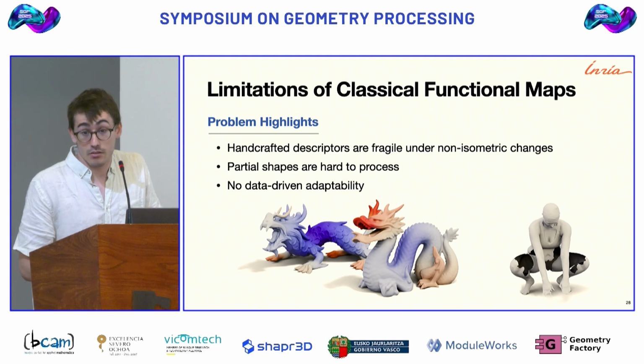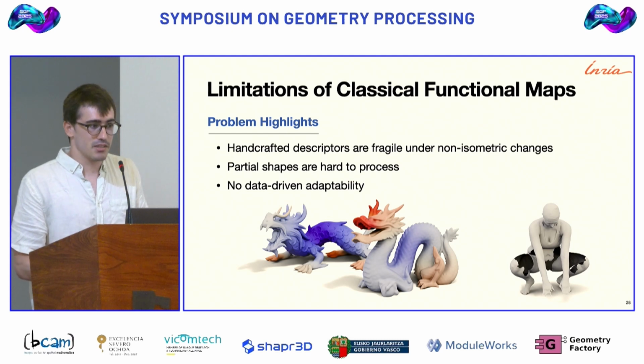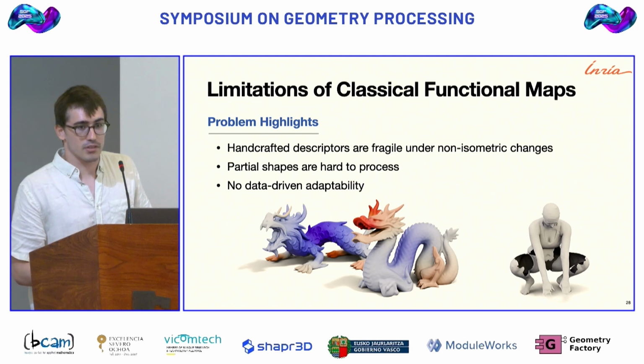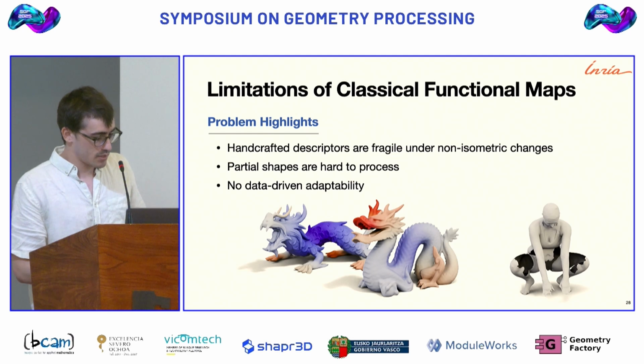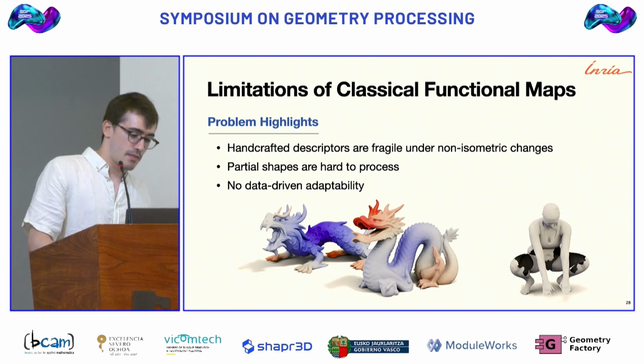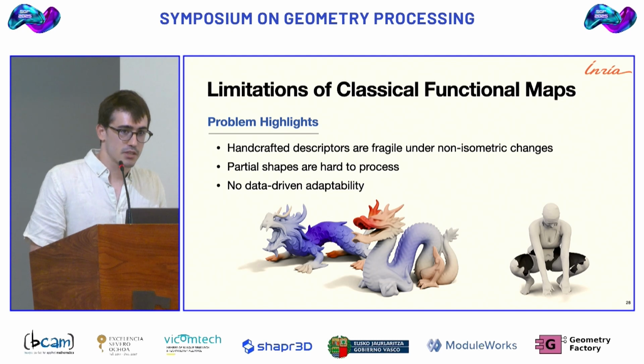What I didn't talk about at all is partial shapes. Most things break down: we don't really want area preservation because there are missing parts, so some area disappears. We don't want isometry because, again, there are disappearing parts. And there is a subset of literature specifically designed for partial shapes.